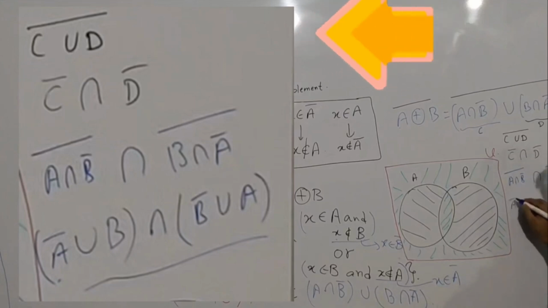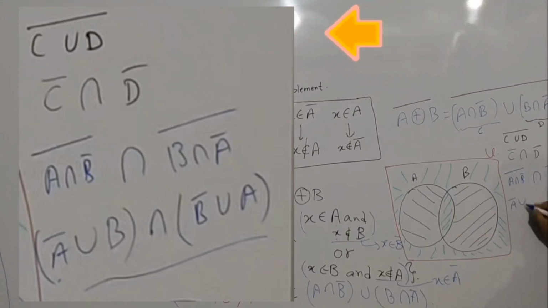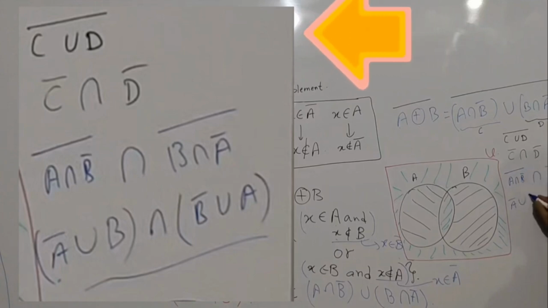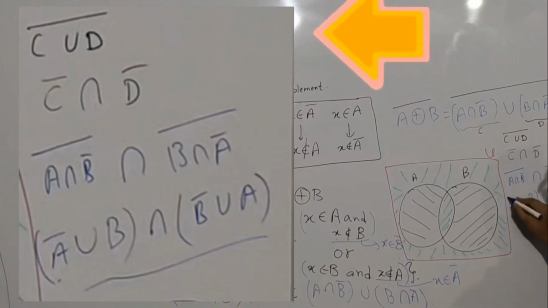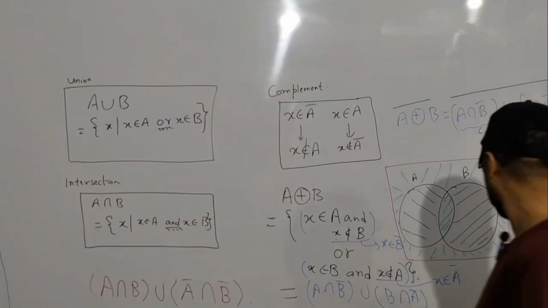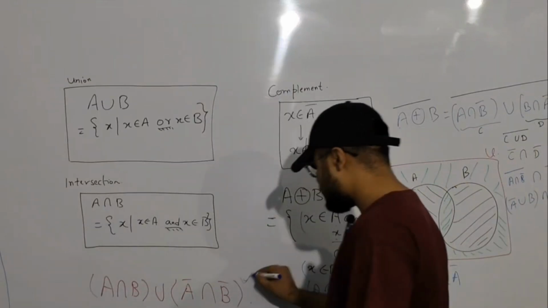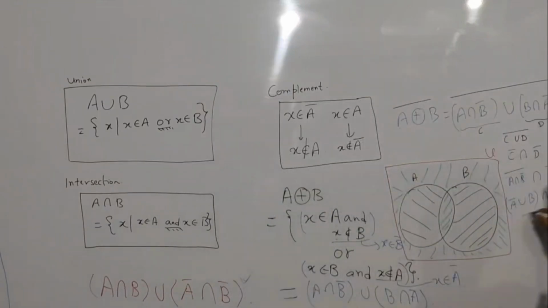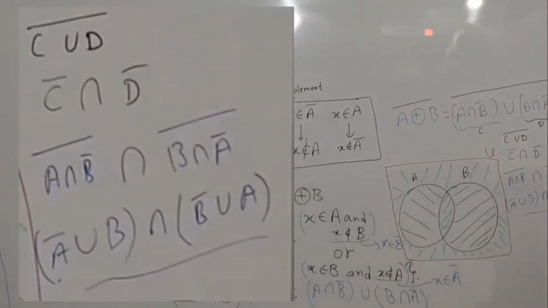This is nothing but A complement intersection union B complement complement, which means B intersection B complement intersection union A complement is A. This equation and this equation are just two ways of representing the same regions.